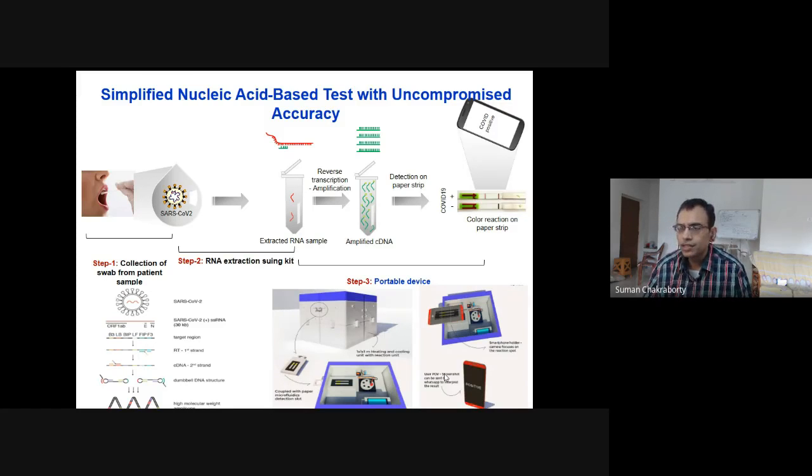This is required because the DNA can be amplified to a large number of copies, but the RNA cannot be amplified. So you can increase the concentration of the signal that you want to detect by amplifying the DNA, and that is why you first convert the RNA to the DNA. This is called reverse transcription followed by amplification.